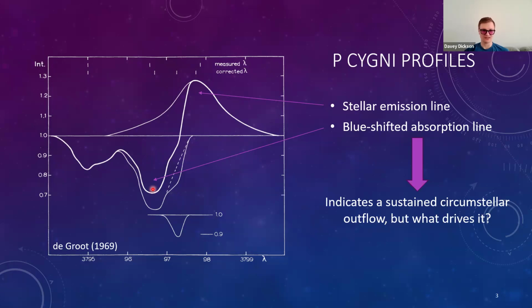And so the question really therein lies, what can drive this expanding outflow from the surface of these bright, massive stars?